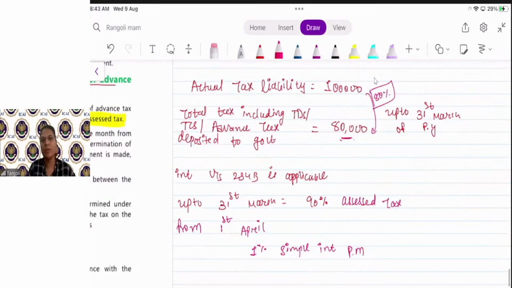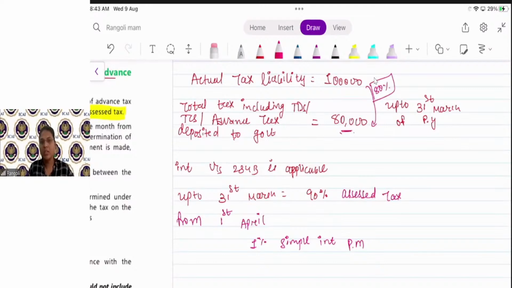So here I have deposited 80,000 rupees. If I had deposited 90,000, that is 90% of 1 lakh, then interest under section 234B is not leviable. But as I have deposited less than 90% to the government, I need to pay 1% per month interest from 1st April to the date of payment of balance tax.